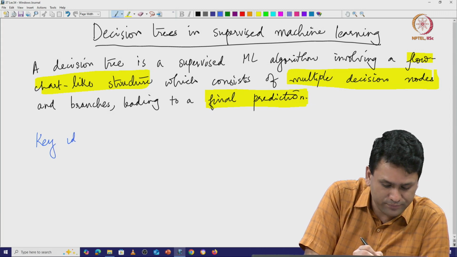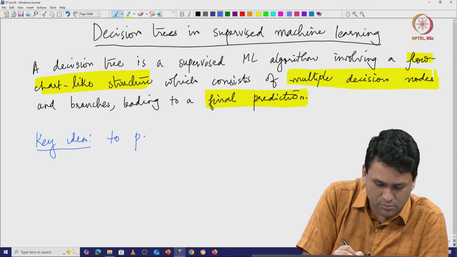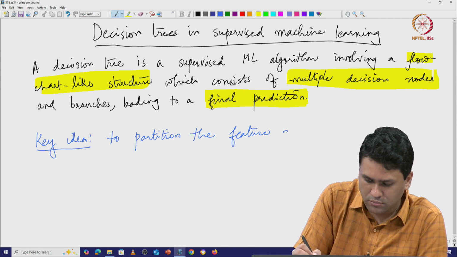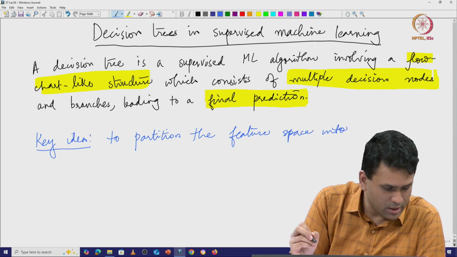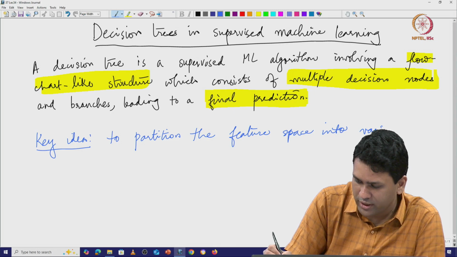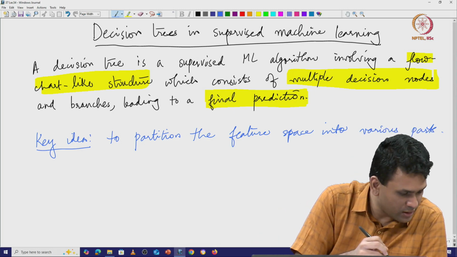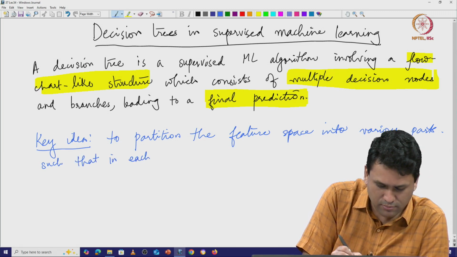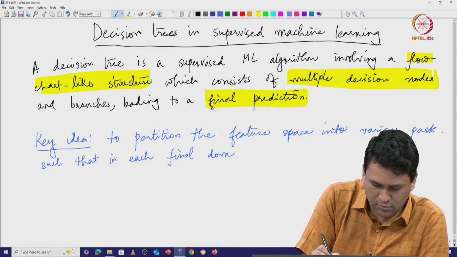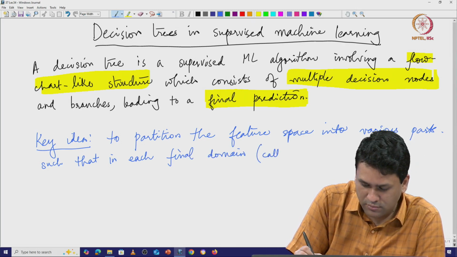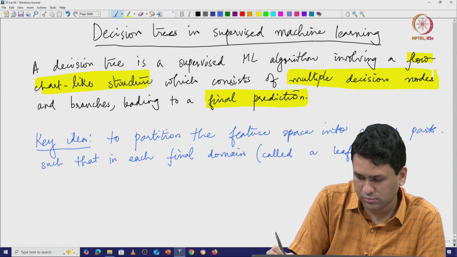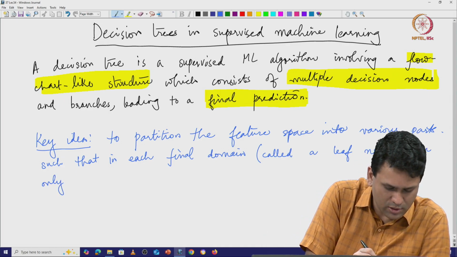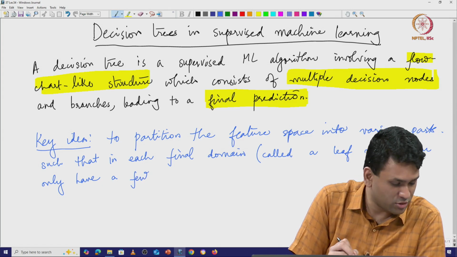So, the key idea here is to partition the feature space into various domains or various parts such that in each final domain, which you call a leaf node, you only have a few scenarios or data points.